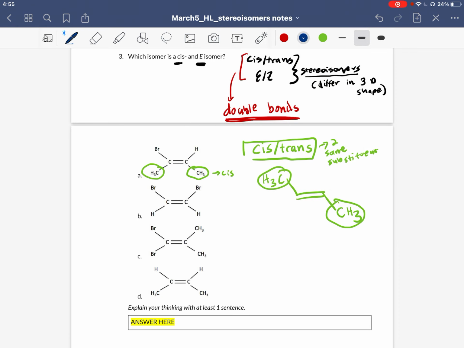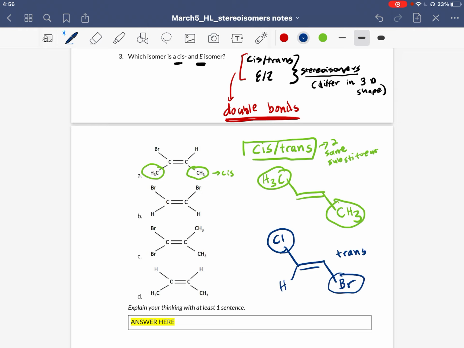I think ultimately what it comes down to is that cis and trans is just not as specific as EZ isomers. So for example, if I had something like this, bromine and chlorine, to me this is also trans, because I have my same functional group, my halogen, on opposite sides of the double bond.